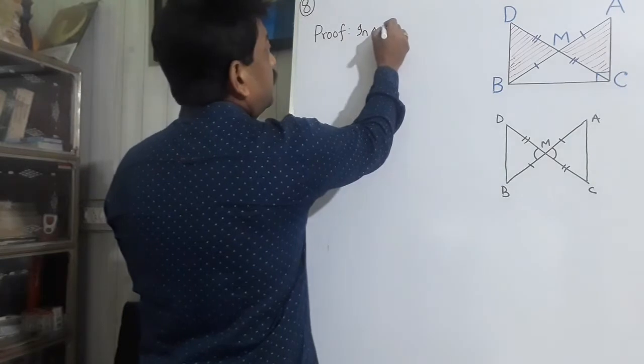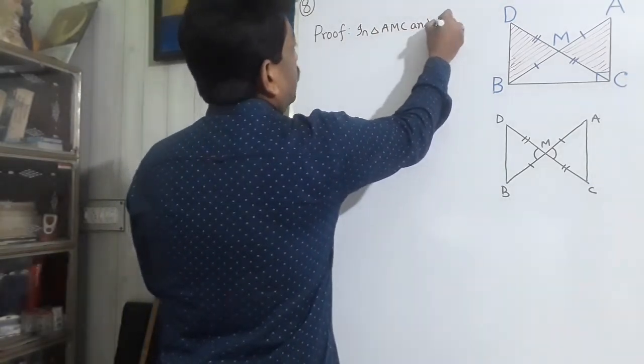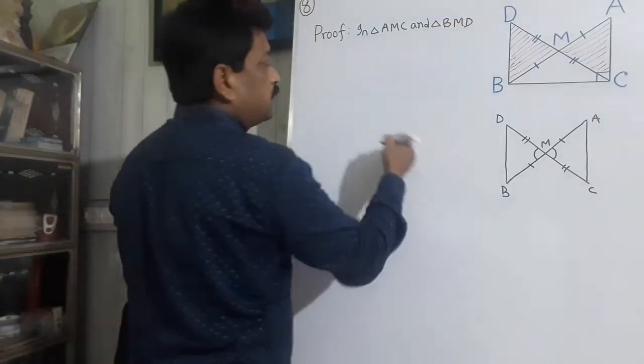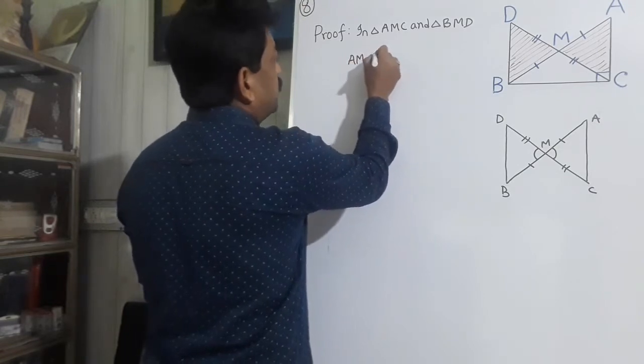Therefore, what we have to write? In triangle AMC and triangle BMD, the first point of equality is AM equals BM.